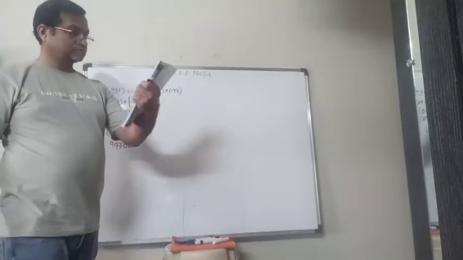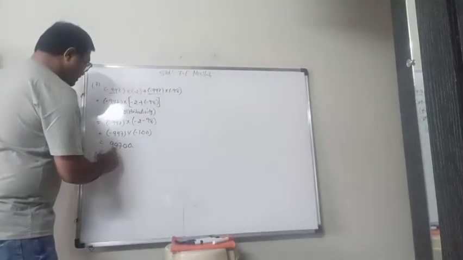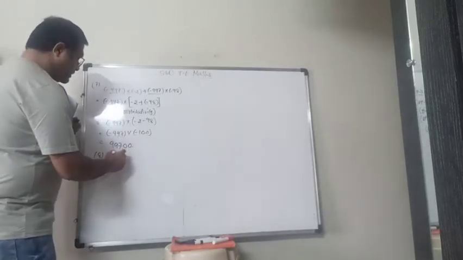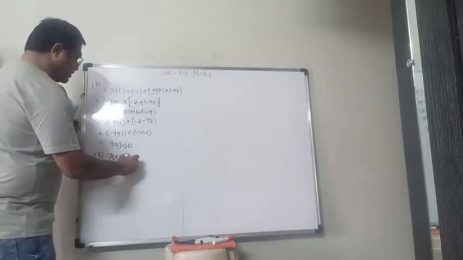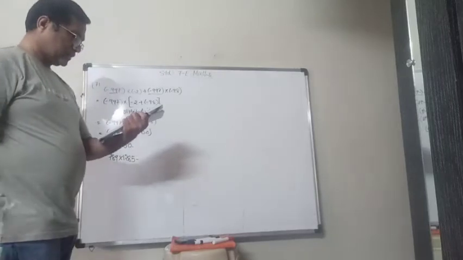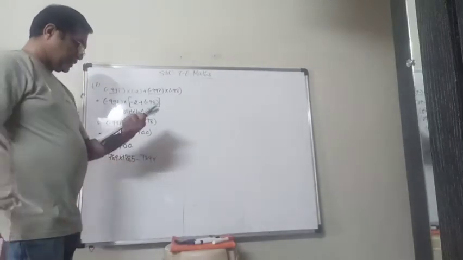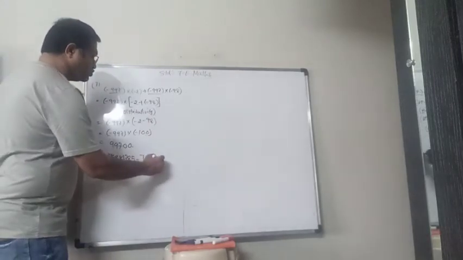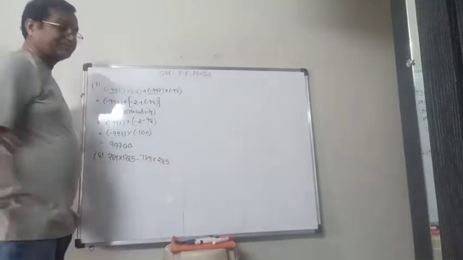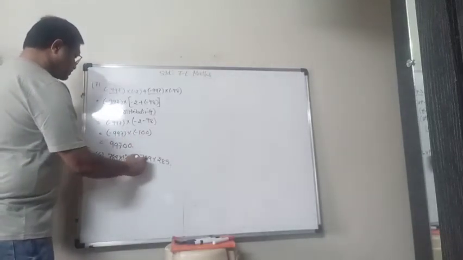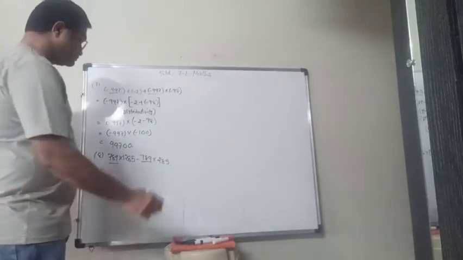Next one, 789 multiplied by 1285 minus 789 multiplied by 285. So here you can see that 789 is common.